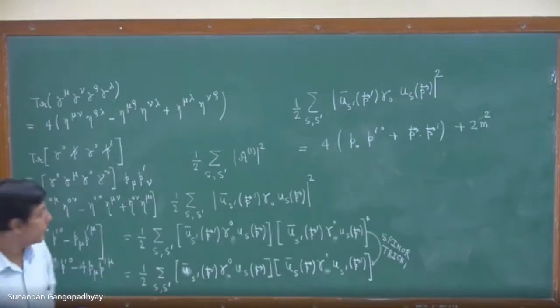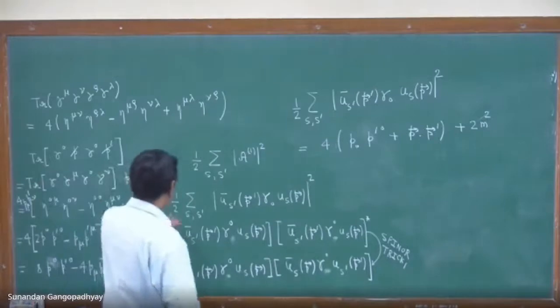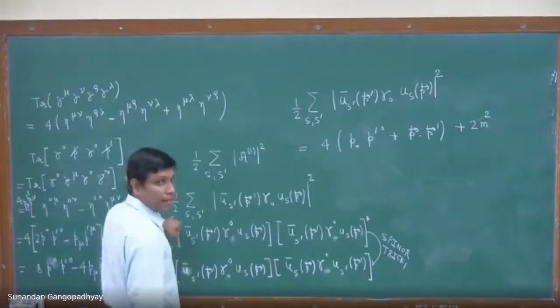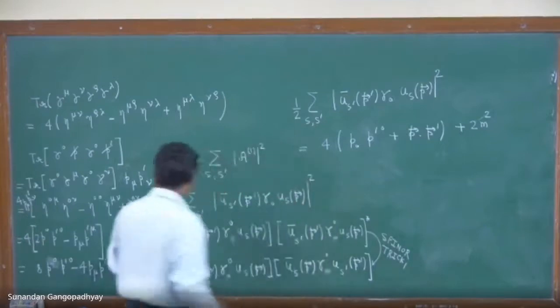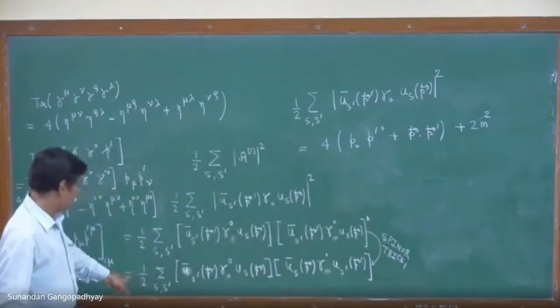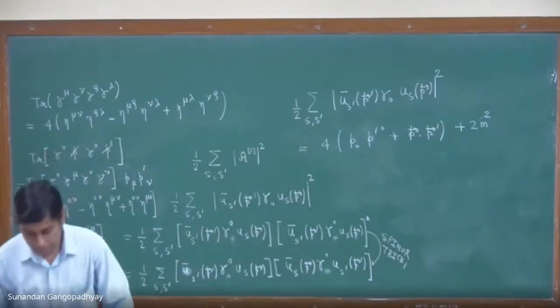Where will you have a two? Half of this. Oh, okay. You need to say that I am not taking this factor. So maybe there is a division by two due to this factor. Let me just check.